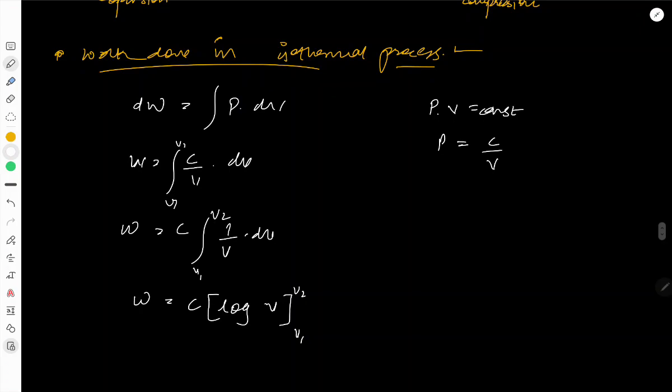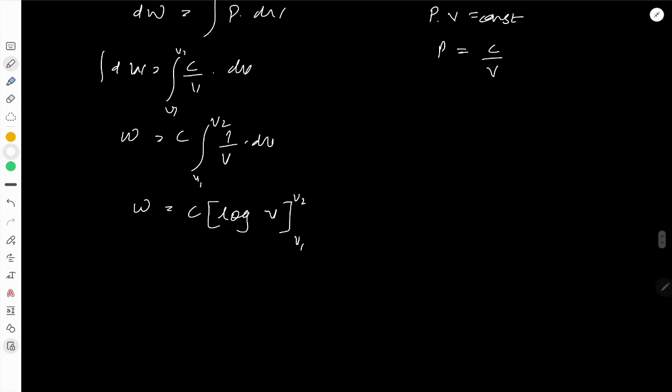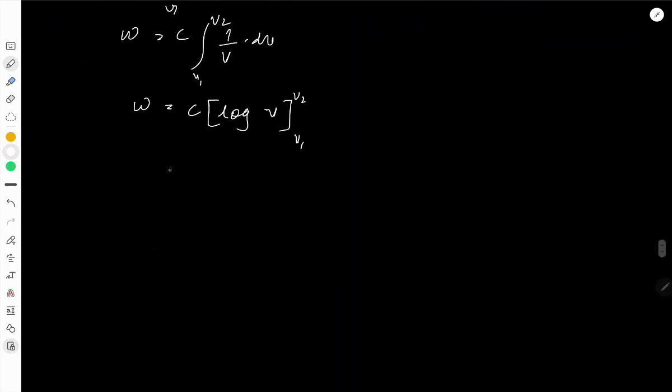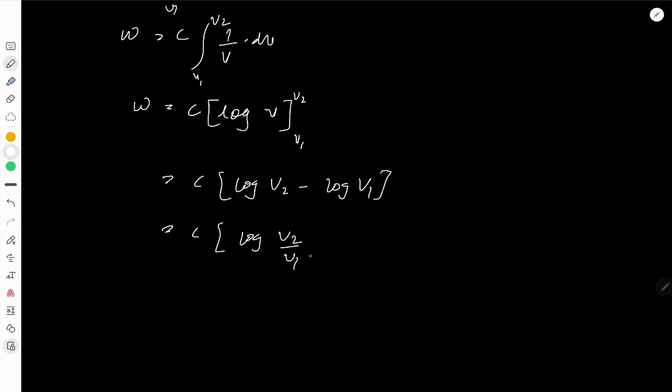And this would be dW, so integrating dW would get us this. And now if we substitute values, log of V2 minus log of V1, which can be written as log of V2 by V1.